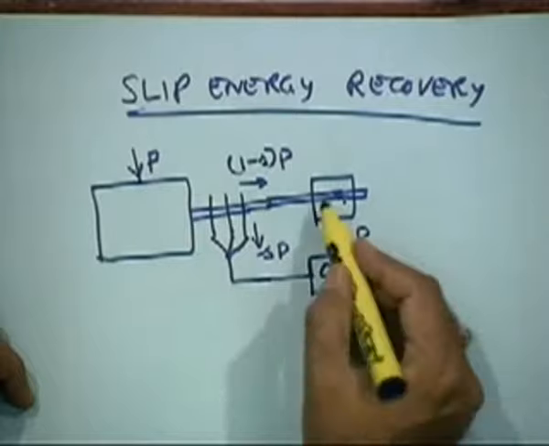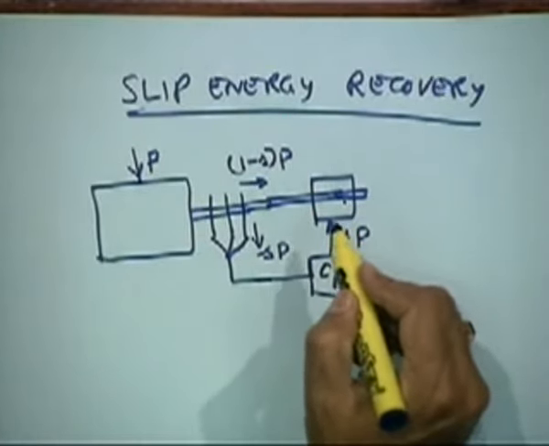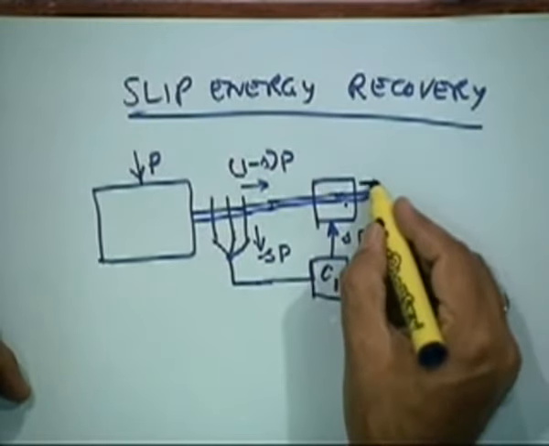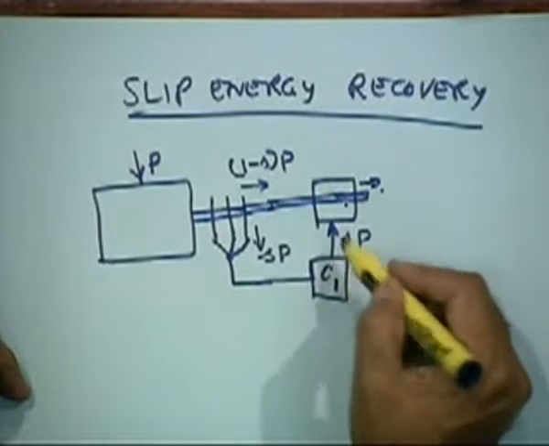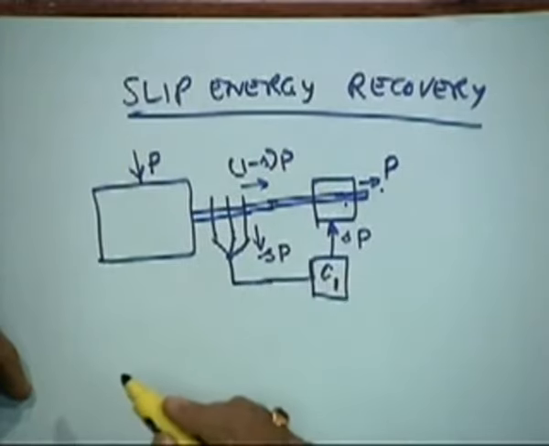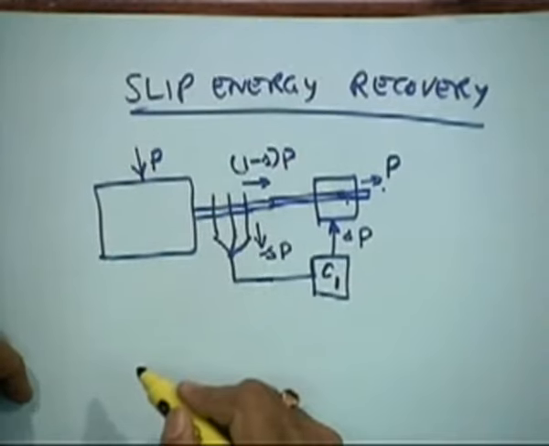So you have it connected to a shaft. You may have another motor which will use this power. So the total power that will now be available here will be how much? 1 minus S plus this. So this whole power is now available here. So you are feeding it back.